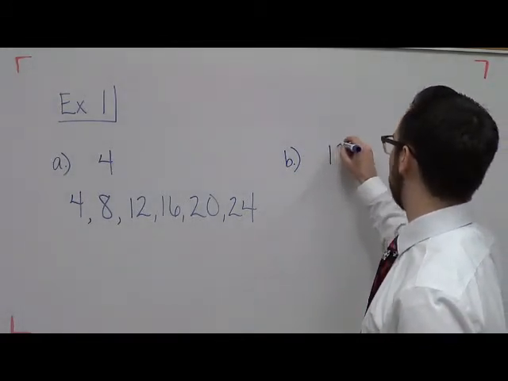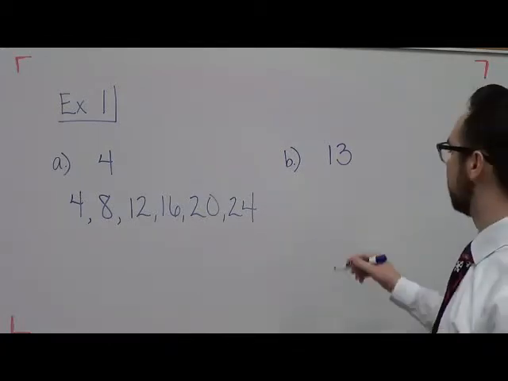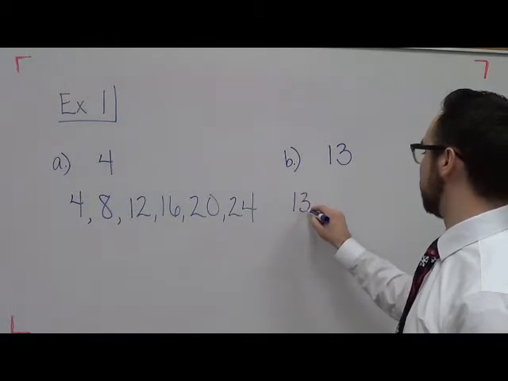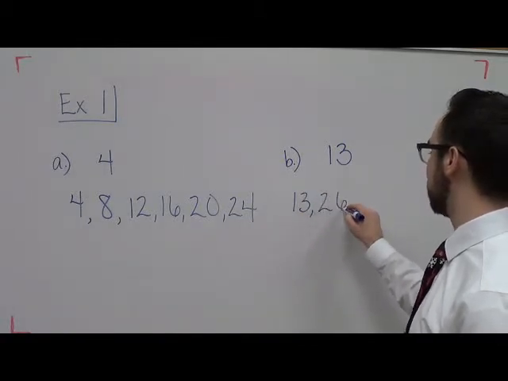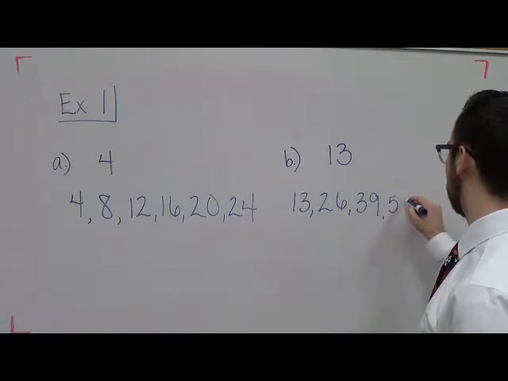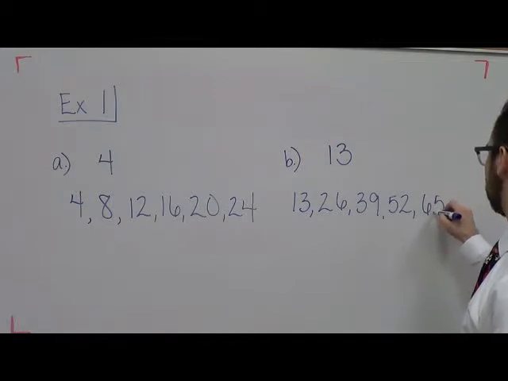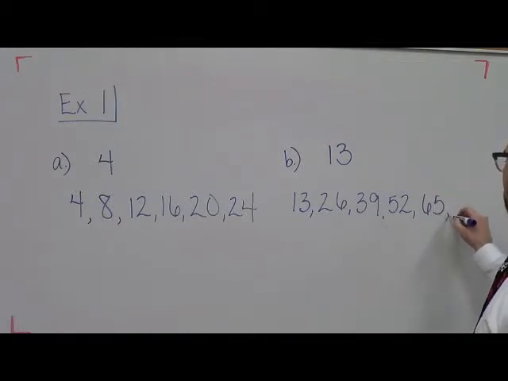So if we were to do that with 13, let's go with something a little less repetitive. The first multiple is 13, the second would be 26, 39, 52, 65, and one more is 78.